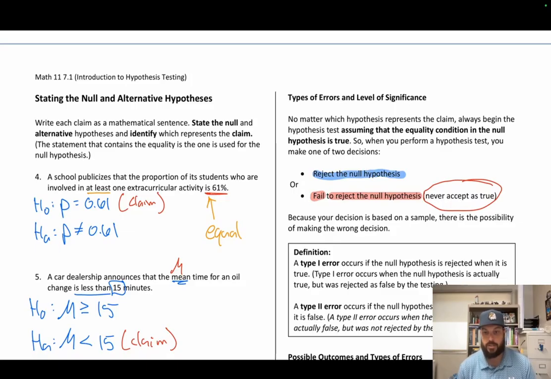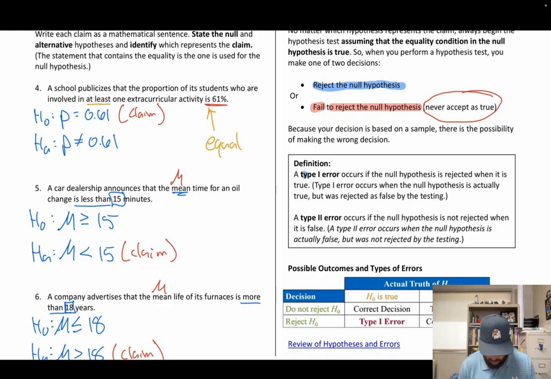Okay, because our decision is based on a sample, there's a possibility that we make a wrong decision. And that brings us into our types of errors. There are 2 types, type 1 and type 2, appropriately named. So a type 1 error occurs if the null hypothesis is rejected when it is actually true.